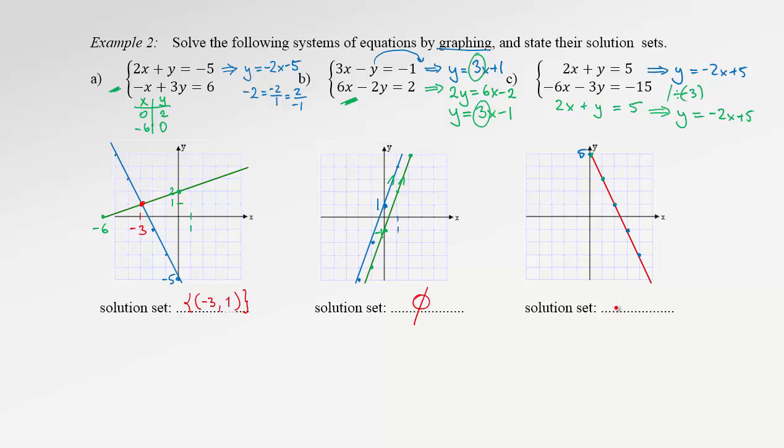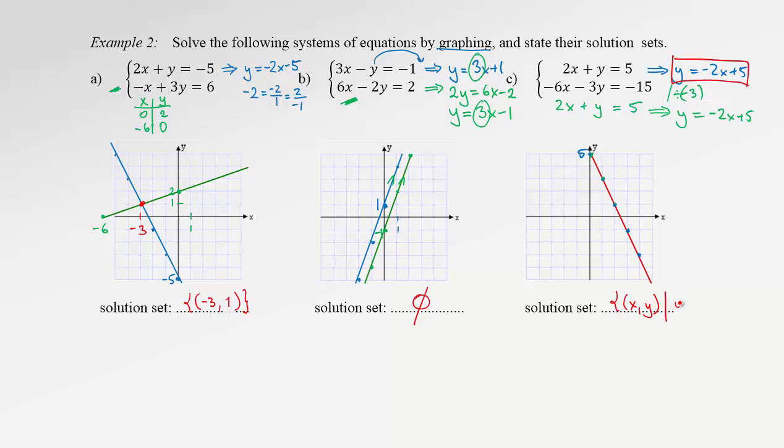But can we go one step further and try to actually describe those solutions? Well, we can use set builder notation. We can say the solution set is the set of all ordered pairs x and y such that y satisfies this condition, one of those lines.